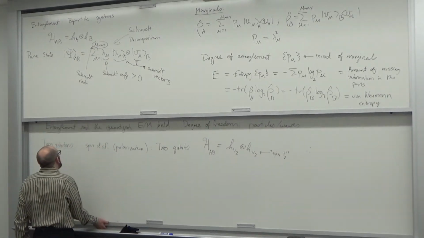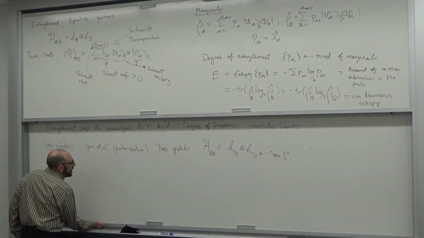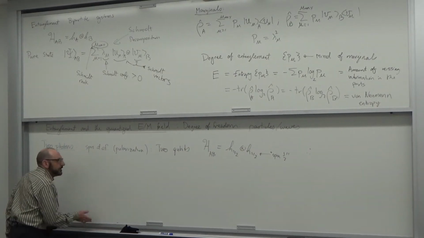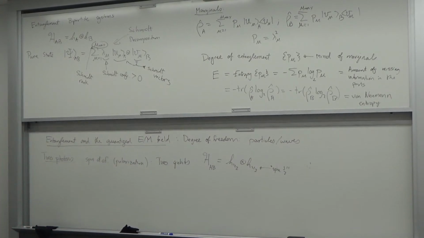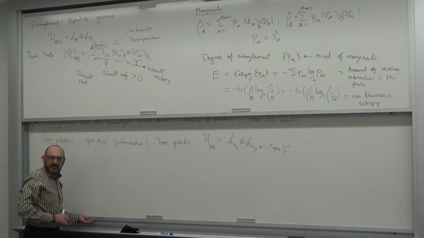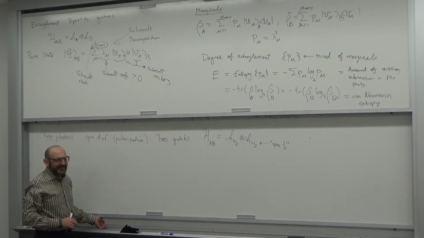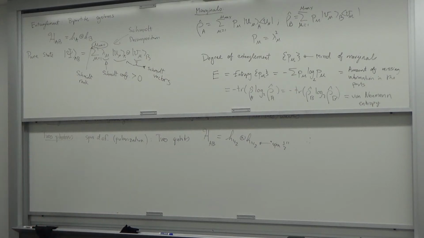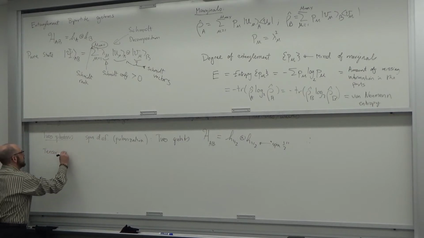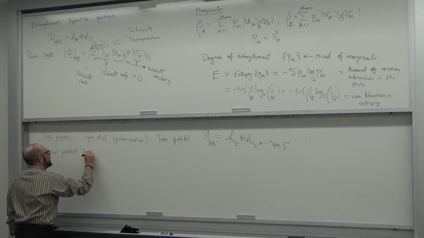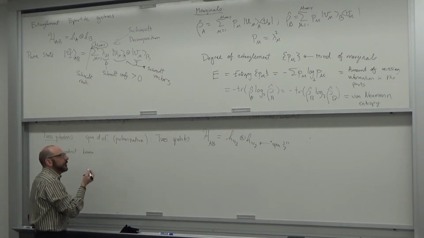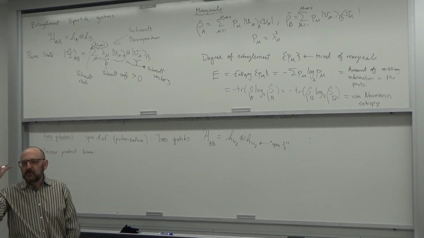So I can think about this, if I was being loose about it at the moment, the tensor product space, which you will see in papers written in terms of, say, a horizontal and a vertical polarization.